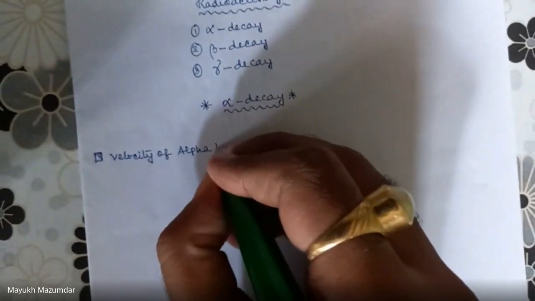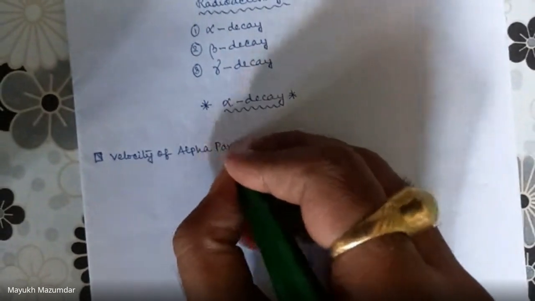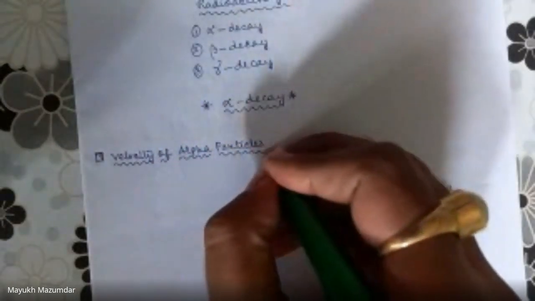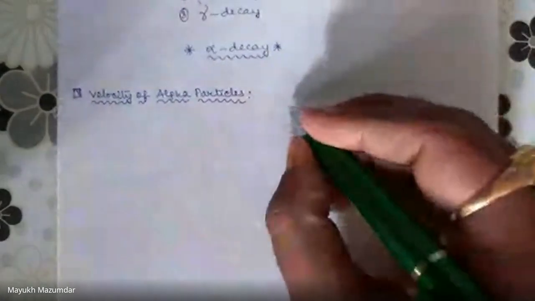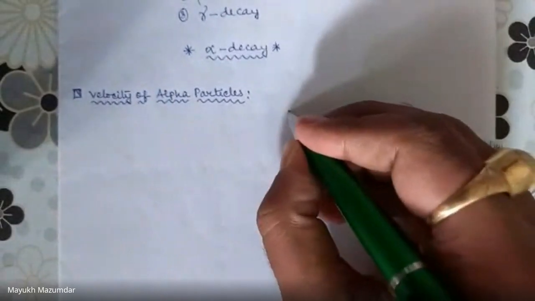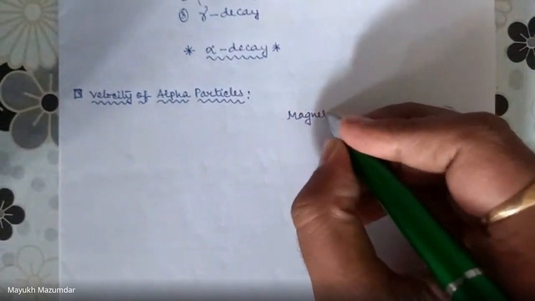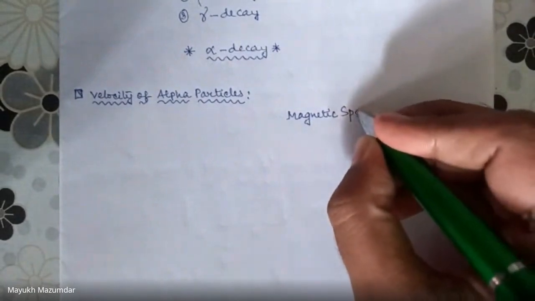first by determining the velocity of alpha particles. Now this can be done by using a magnetic spectrograph.